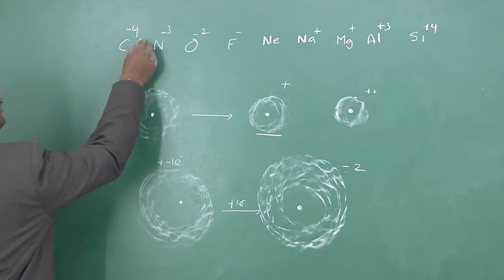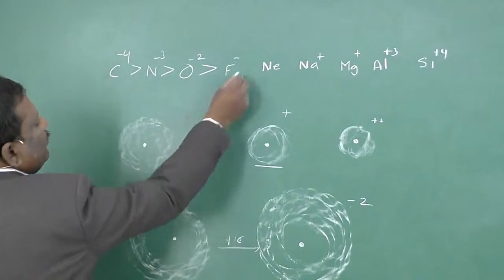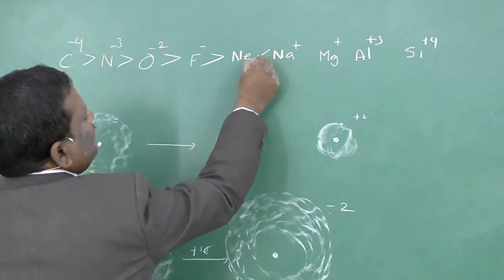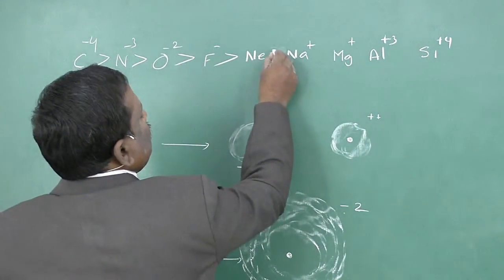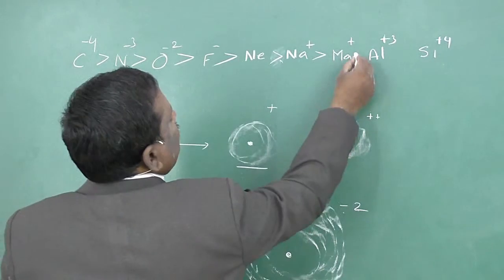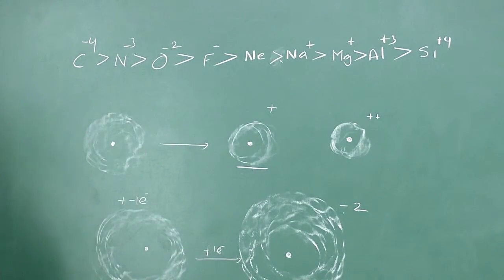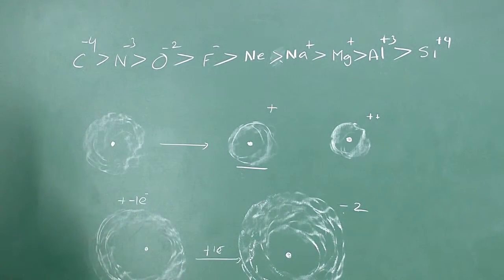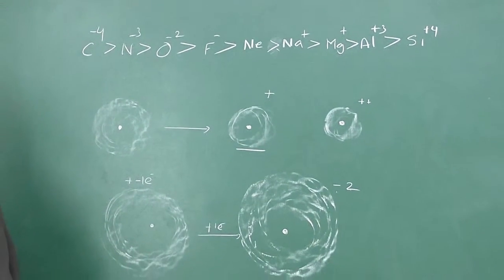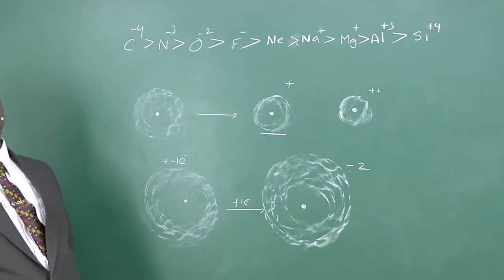C minus 4 is greater than N minus 3, which is greater than O minus 2, which is greater than F minus, which is greater than Ne, which is greater than sodium, magnesium, aluminum, and silicon. So the smallest ion is silicon and the largest ion is carbon, and their ionic sizes follow that trend. This is said to be ionic radius.